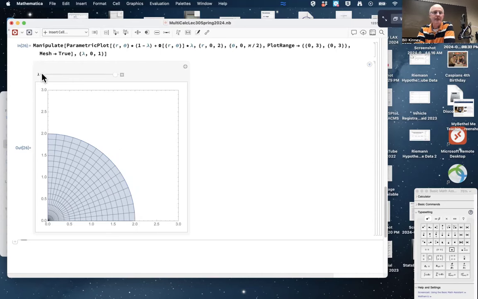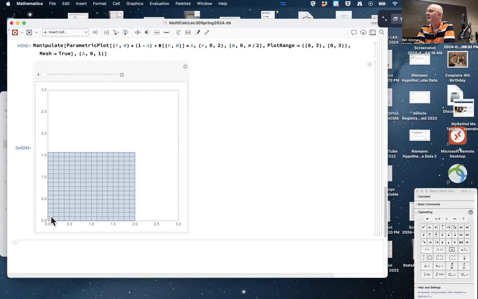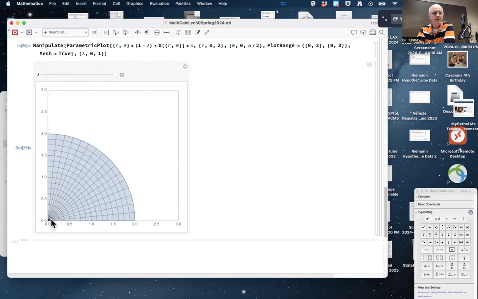Whereas if instead of 1.9, you're at 0.1, then a small region near R equals 0.1 will have its area shrunk by a factor of approximately 10. Somewhere close to here, it might be 10. One of these wedges here, you have to focus on the wedges. The small little almost rectangles that have curved sides. Those things might have a small area that's a small multiple of the original rectangle.